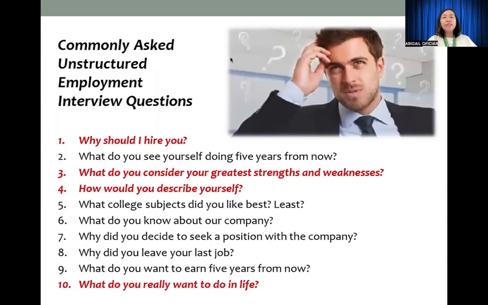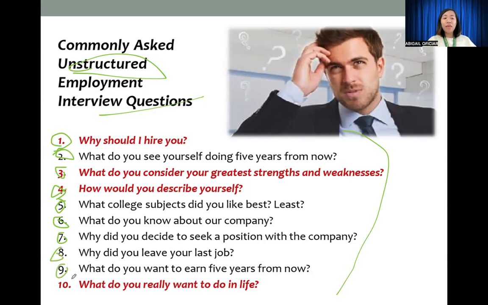Okay. So this slide presents the common unstructured interview questions na hindi dapat or hindi mahalaga kapag interview. Pag tinanong natin itong mga ito, dapat hindi natin ito ini-scorean. Okay? We can use this maybe to establish rapport with the applicant, but we don't score this.